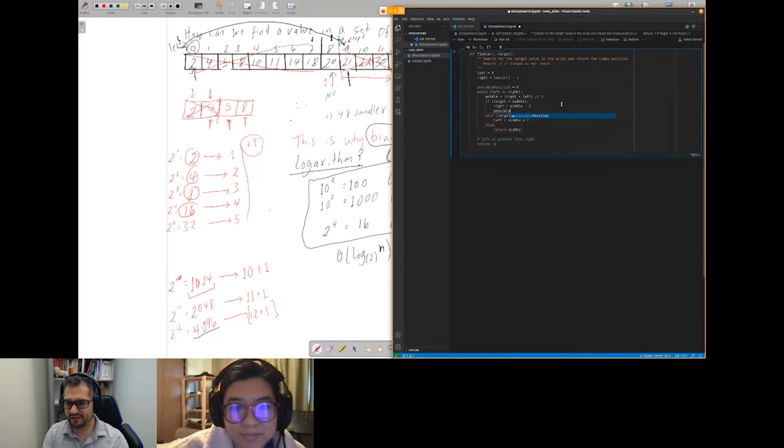Let's say if I look in here, if it's less than the middle, the possible position would be the right. If it's greater than the middle, possible position is the left, right?